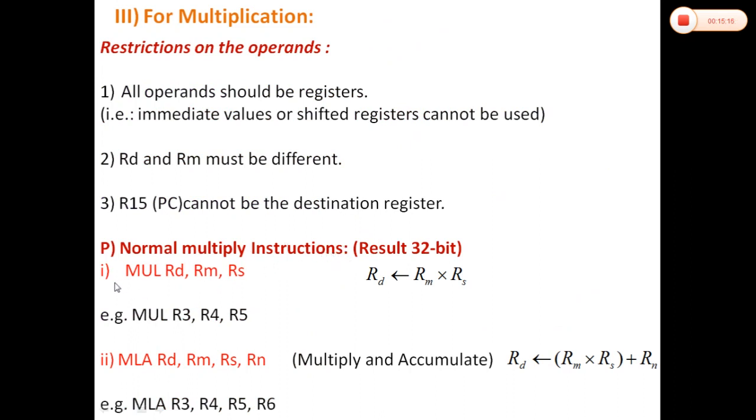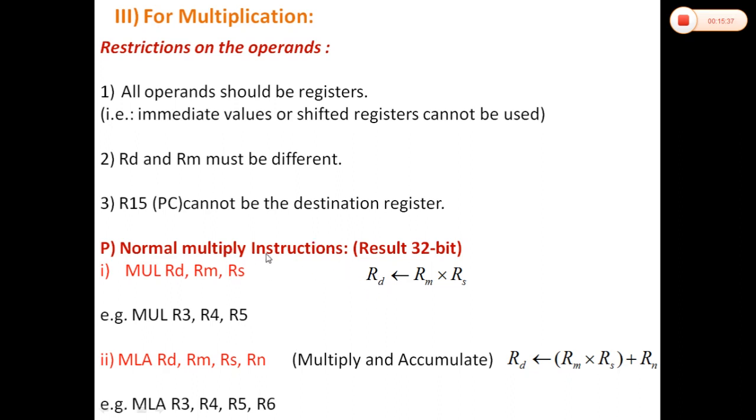The format of the instruction is typically like this: MUL Rd, Rm, Rs. Rm and Rs are multiplied and the result is stored in Rd. Because Rm and Rs are 32-bit registers, the product is typically going to be more than 32 bits. But this instruction doesn't allow that.